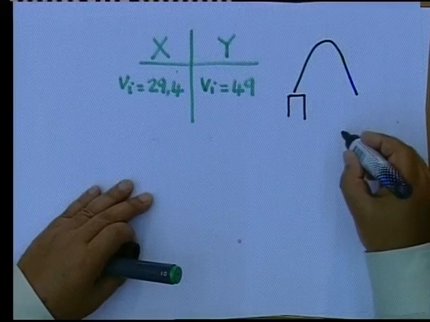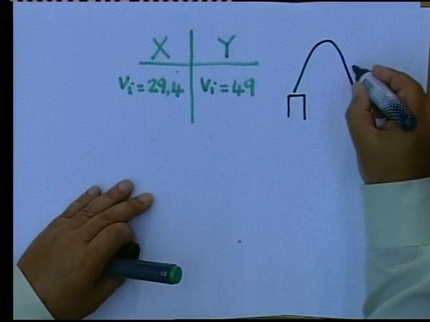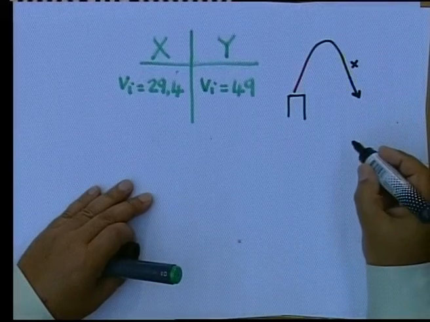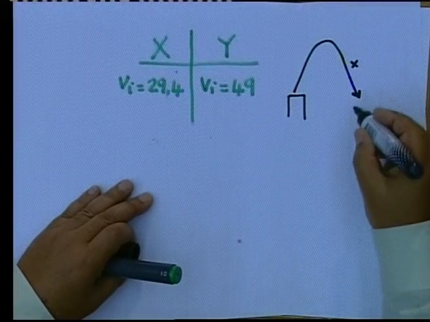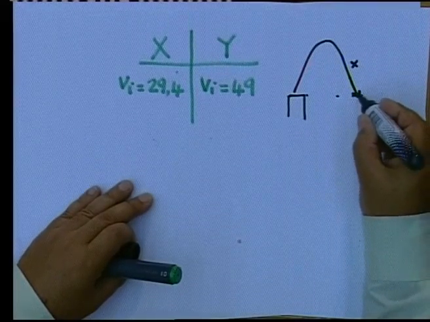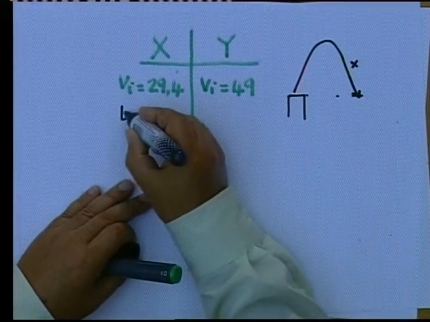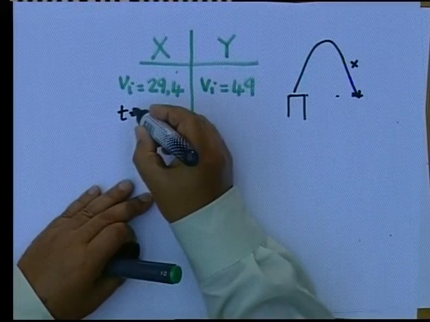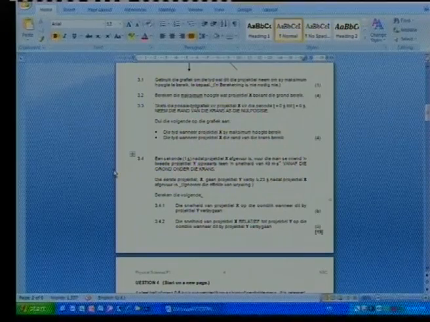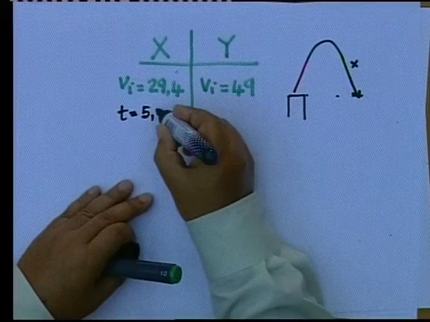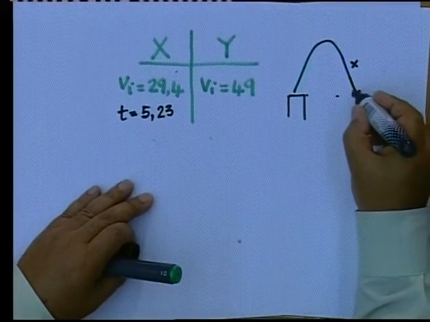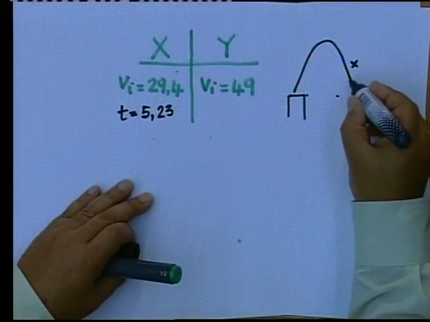And then another projectile, if this was x, the movement of x, and then another projectile was shot up before it reached this point, because I think it was after, if I look at my screen again, it was after 5,23 seconds. 5,23 seconds, which means that if I go back here, it wasn't at this point yet, it was somewhere there.